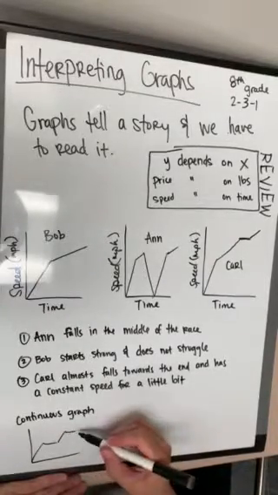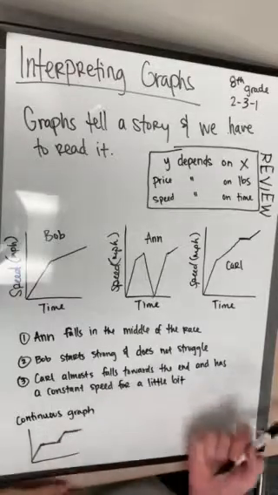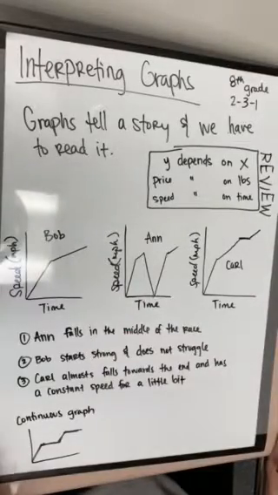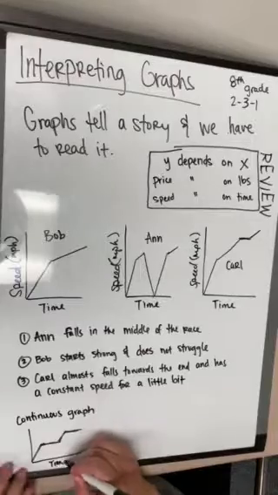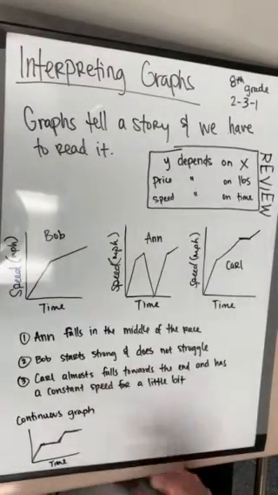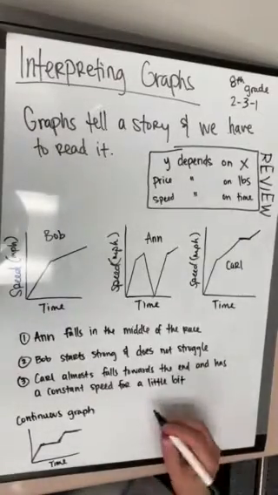It doesn't matter how that line goes, it connects. And that's going to happen whenever you're talking about speed and time or altitude and time. Time is constant, so there's always something happening then. So time would be along the bottom on a lot of graphs. Your continuous graph has to do with a line, and then you also have a discrete graph.